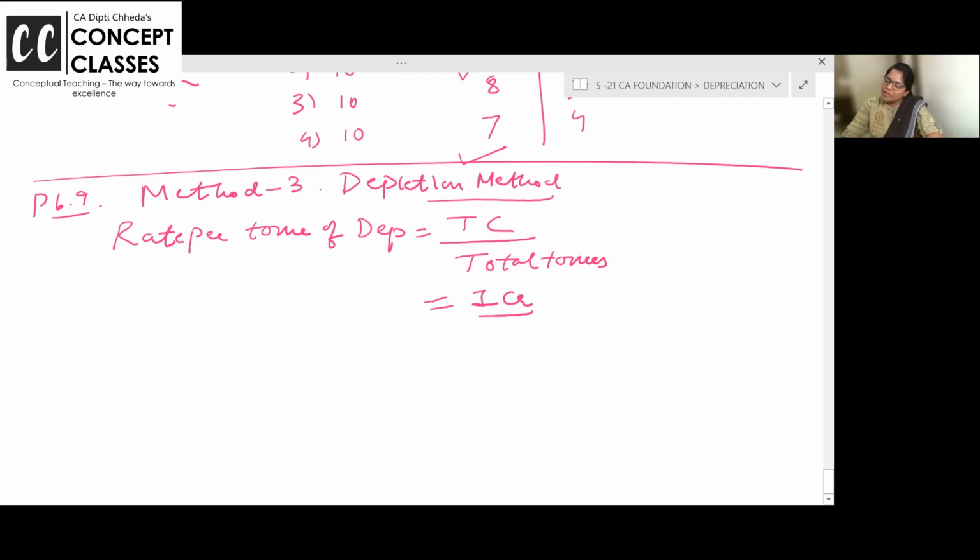Total cost is 1 crore, and total tons you are getting is 2 lakhs. So per ton, how much comes? 1 and 7 zeros, I hope you are taking it carefully, divided by 2 lakh. Is it 50 per ton? Depreciation is 50 per ton.